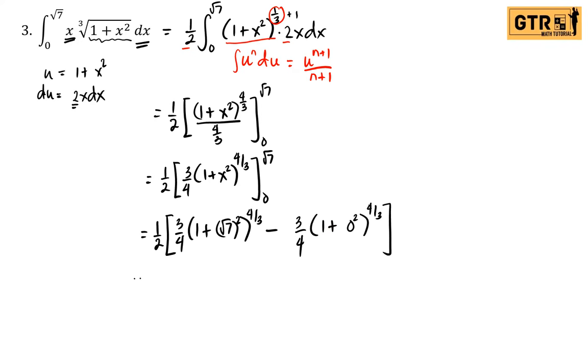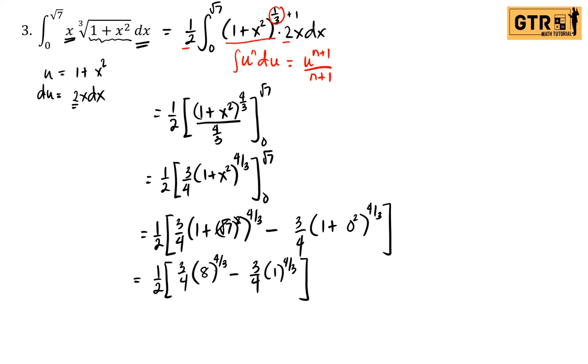Then simplify. The square root of 7 squared cancels, so we have 1 plus 7, which is 8, raised to 4/3, minus 3/4 times 1 plus 0, which is still 1 raised to 4/3.